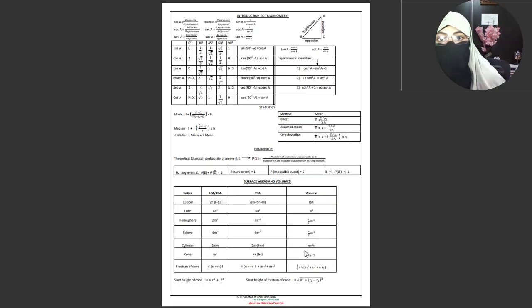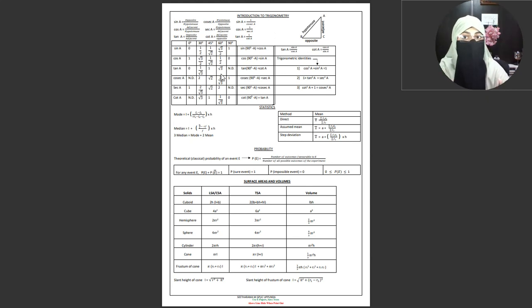Coming on to the next, the introduction to trigonometry. So sin A is opposite by hypotenuse, cos is adjacent by hypotenuse. Whenever I explain the angles, I always tell my students to remember it in this way.